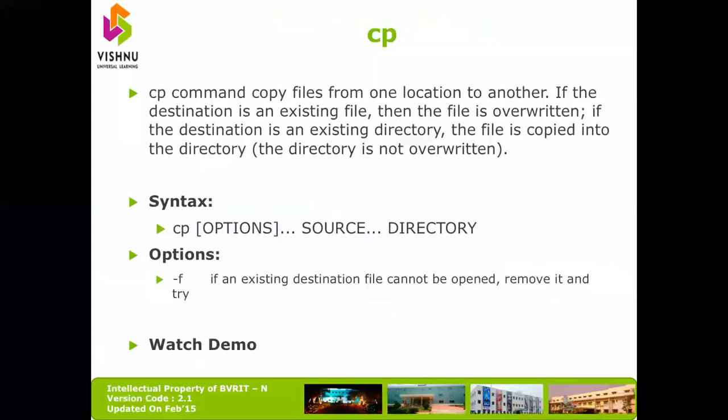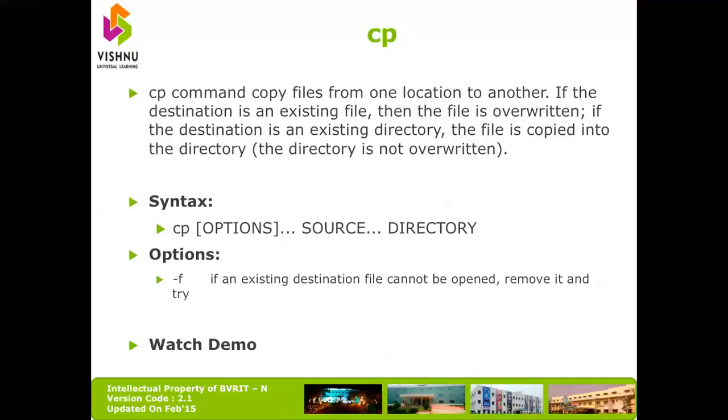Now, as the next command, I have a command called cp, which is used for copying any file from one location to another location. The cp command is basically used if the source file needs to be copied to a destination location, and I want that particular file to be copied forcefully, so it will overwrite the file.